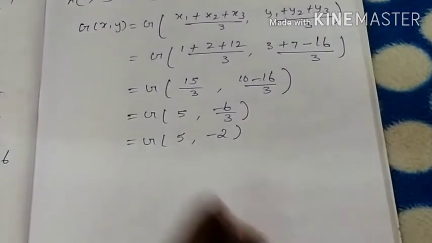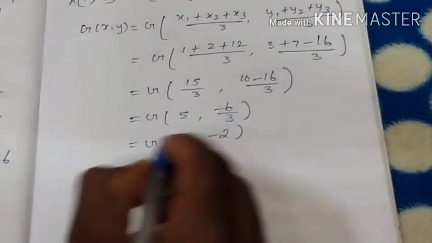Therefore, the centroid of the given triangle is (5, -2).